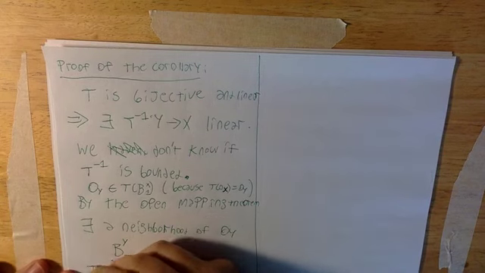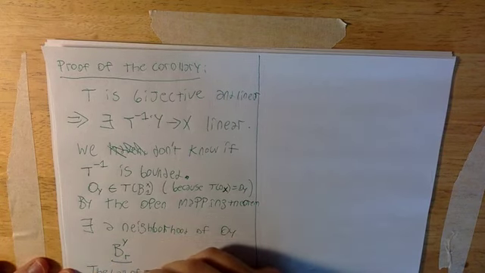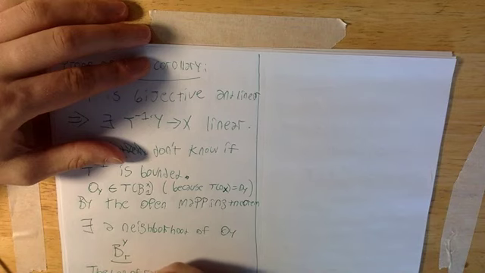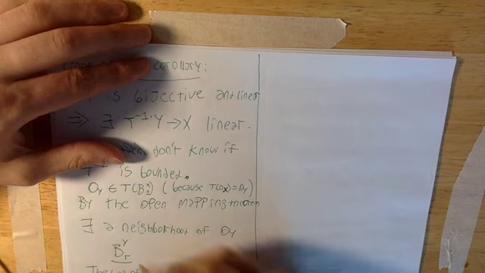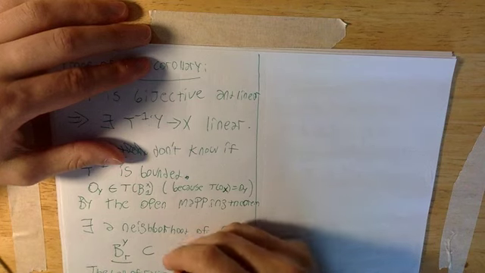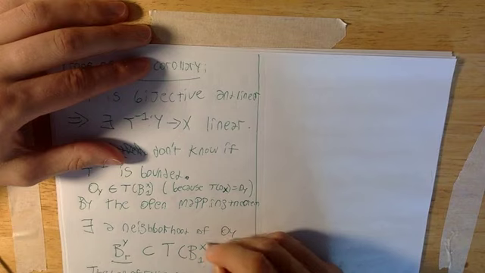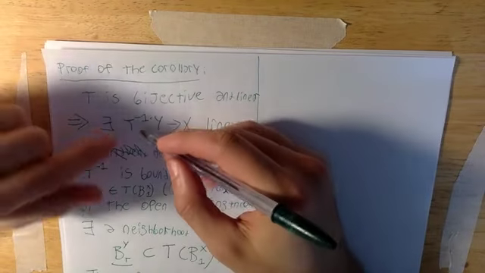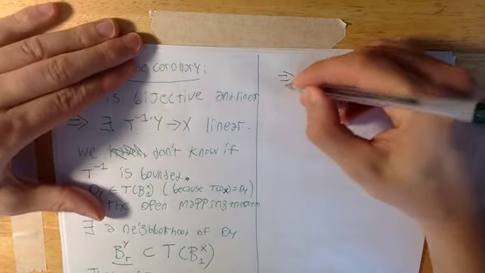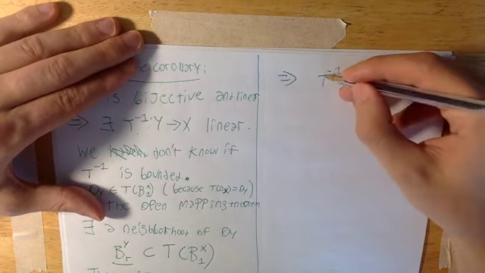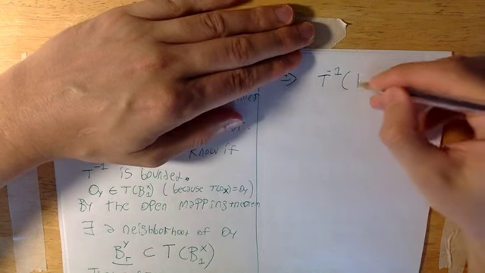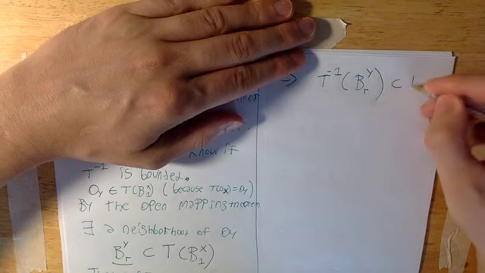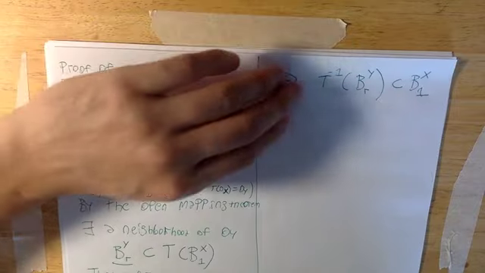This is the ball of radius r positive around 0_Y. This is contained in the image of B1 of X, which now, using that T is bijective, with the map T inverse, implies that the image of B_r^Y is contained in B1 of X.